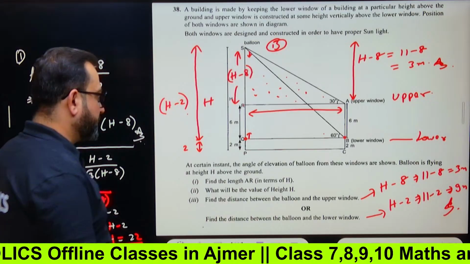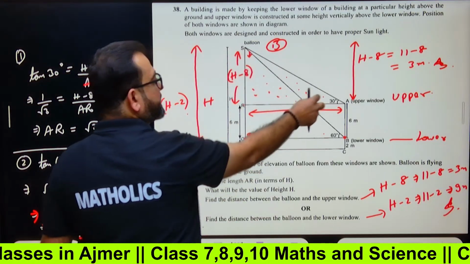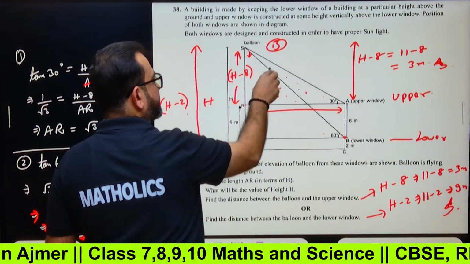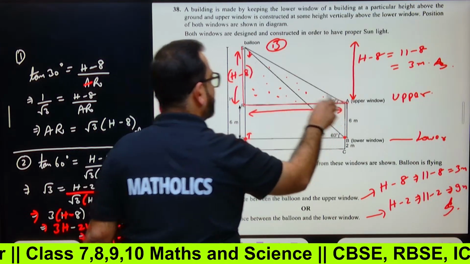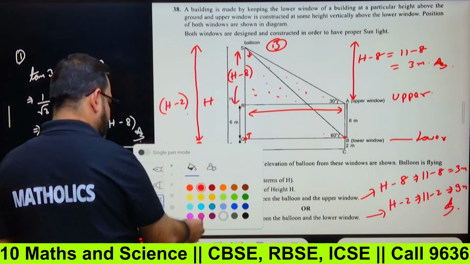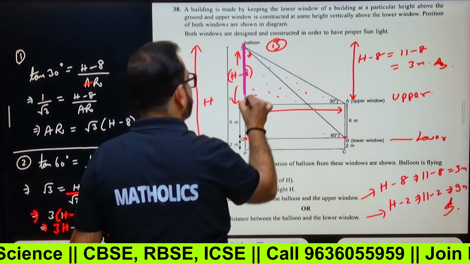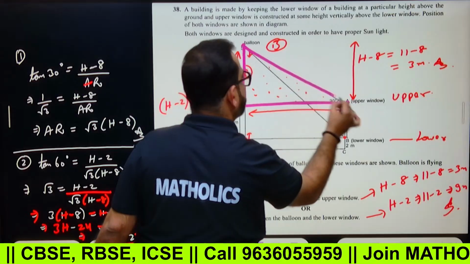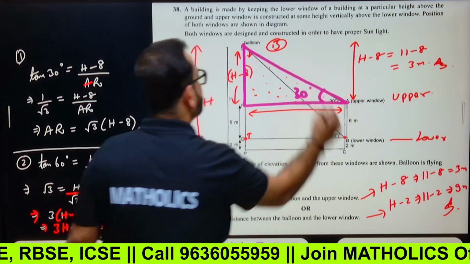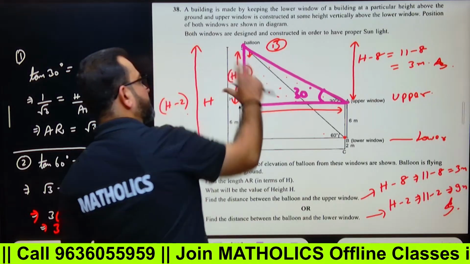Look at the other part. We have to find AR. This is H minus 8, and this angle is 30 degrees. In this triangle, can you apply trigonometry very easily? So tan 30 will be perpendicular upon base.